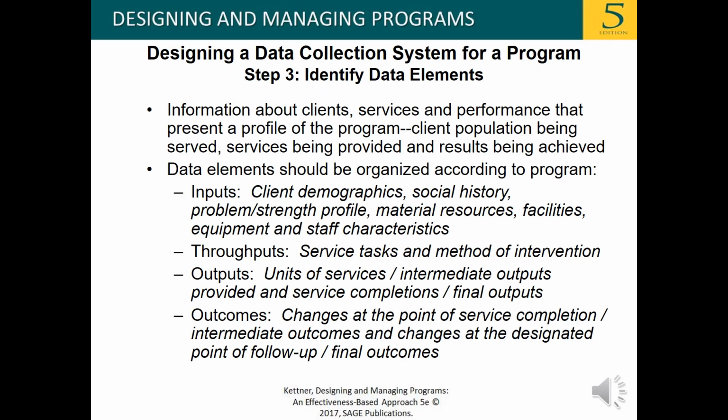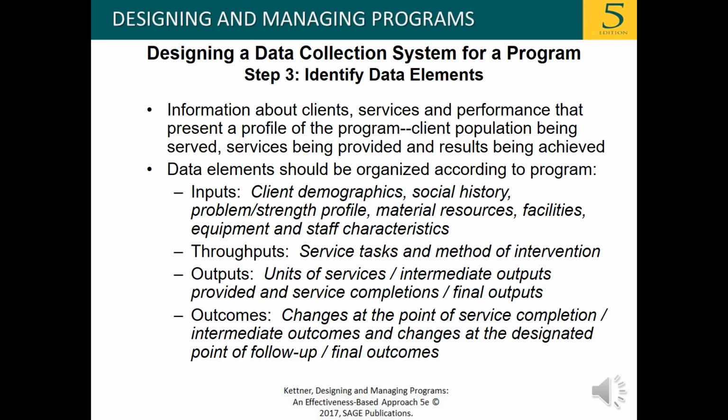Step 3, we identify the data elements, information about client services and performance that present a profile of the program: client population being served, services being provided, and results being achieved. Data elements should be organized according to program. So inputs: client demographics, social history, problem strength profile, material resources, facilities, equipment, staff characteristics.